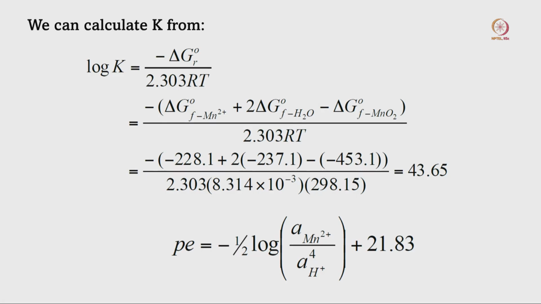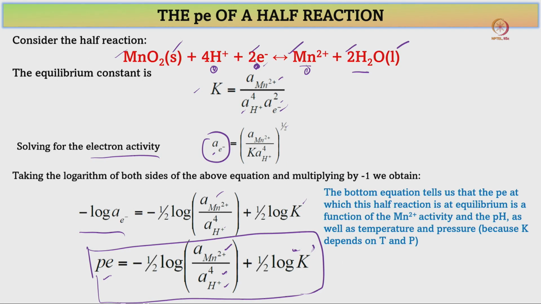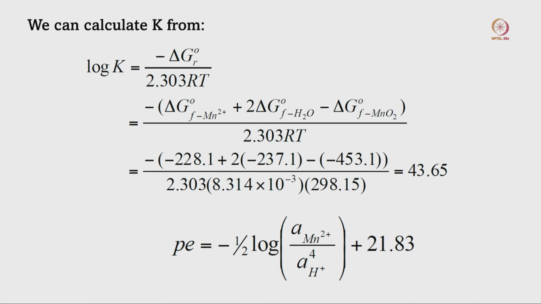Now, you see, we know this term log K. We can calculate that. Where can we calculate that? We can calculate that from the delta G term, from the delta G0 R. What is R for? It is for the entire reaction. How do we calculate delta G R?